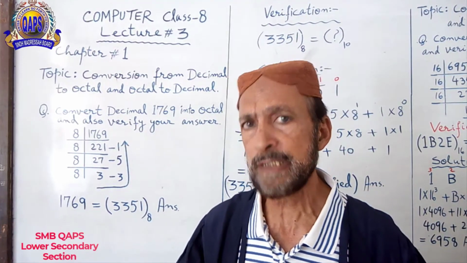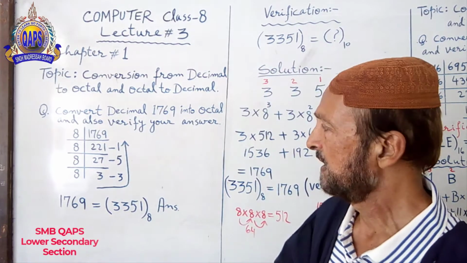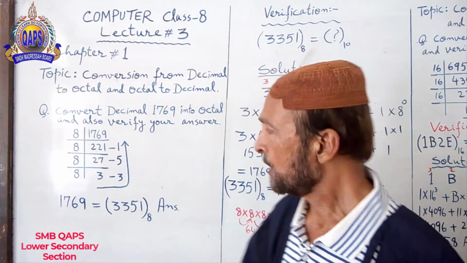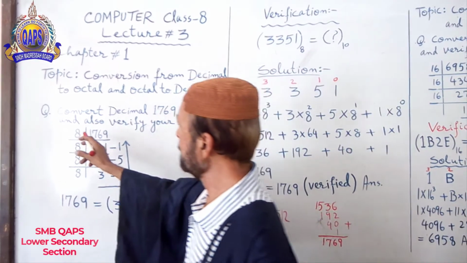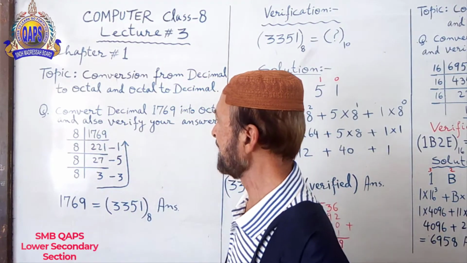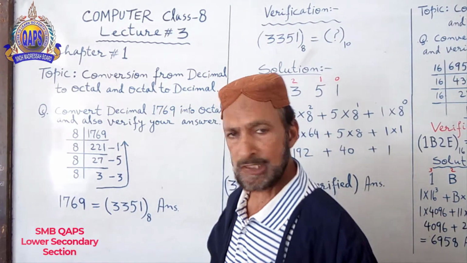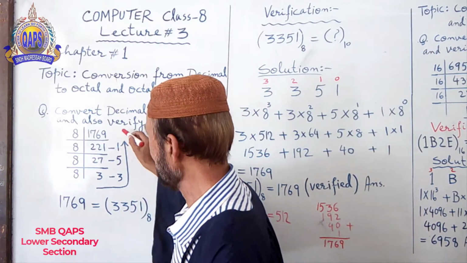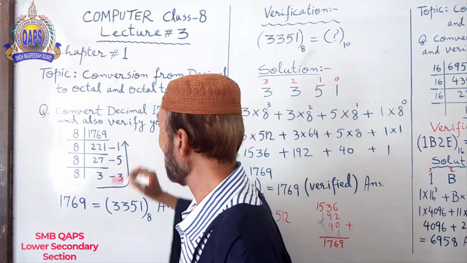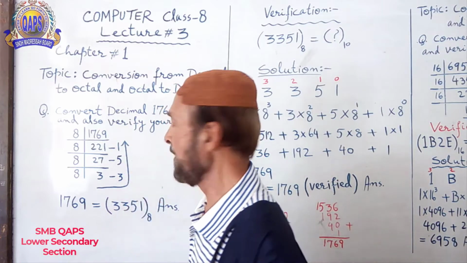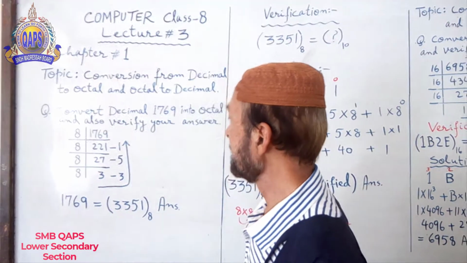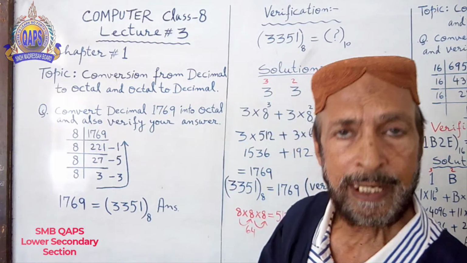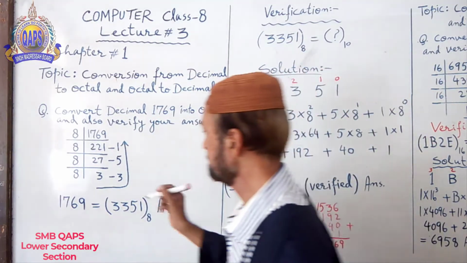You are in class 8. It's very easy. So, when you will divide it by 8, the answer will be over here: 1 left, 5 left, 3 left, and MSB, LSB.